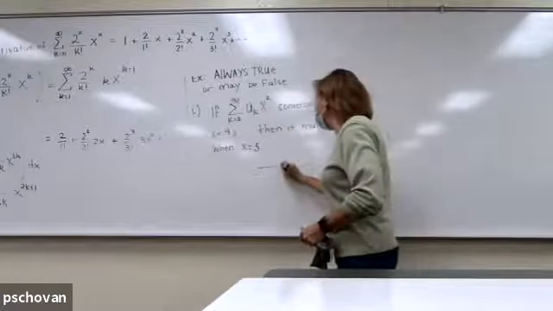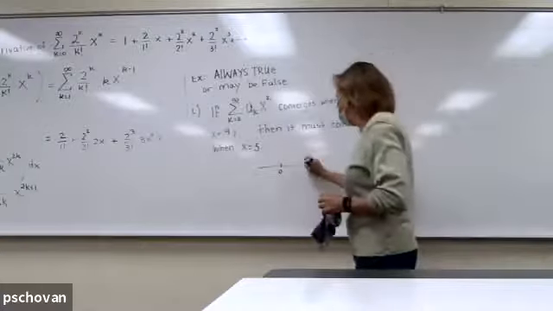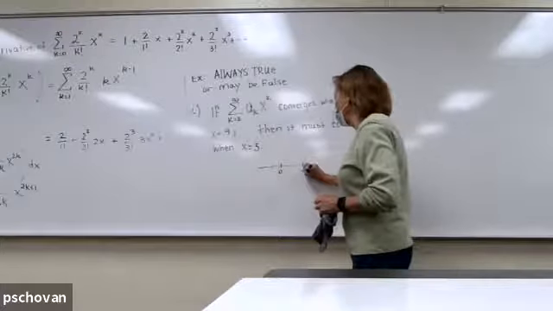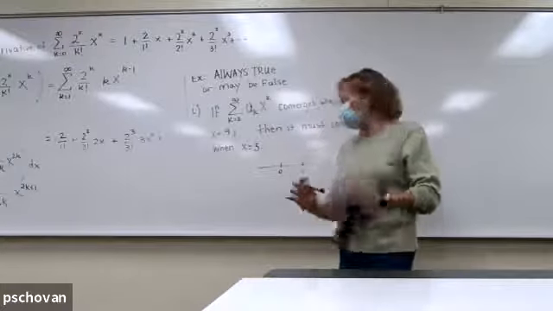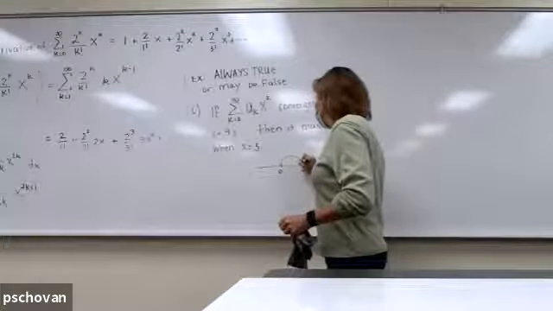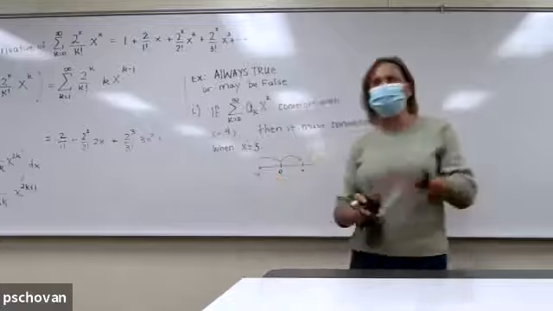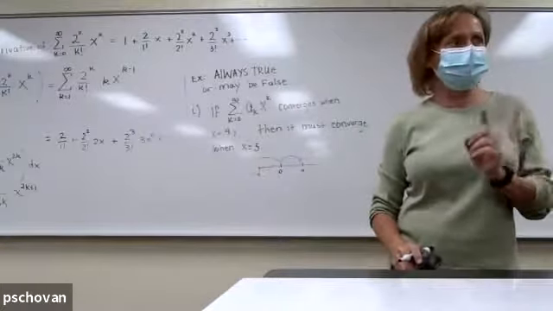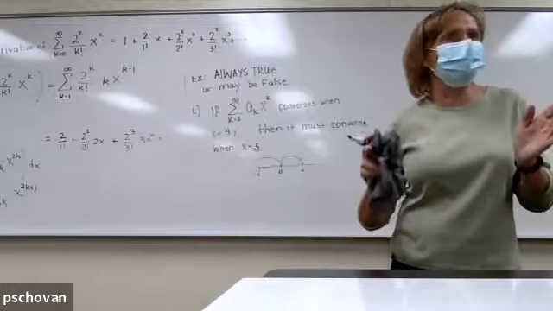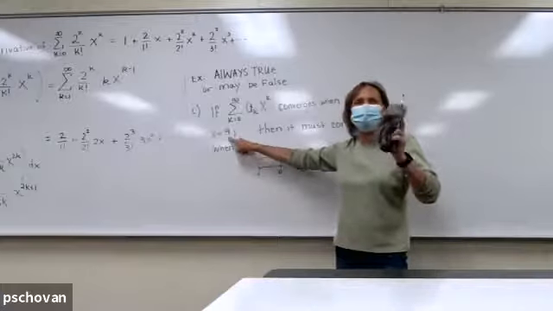It's centered at x is equal to 0, and I know it converges when x is 4. So the radius of convergence is at least 4, which means I could go from here to there. It has to converge then for every number between -4 and 4. It might converge for more, but I know if it converges here, the radius of convergence is at least 4.